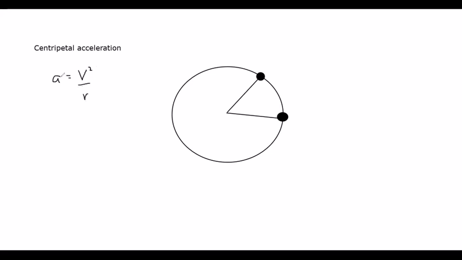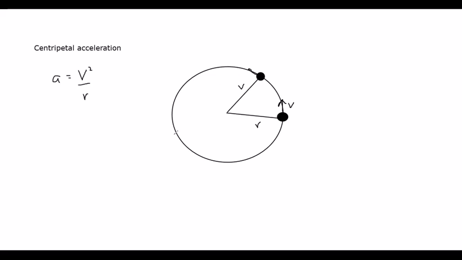There is a derivation, but you don't have to learn the derivation. So directly the formula, that's why I wrote the direct formula. So the formula to calculate the centripetal acceleration is v square divided by r. What is v? V is the linear speed, and what is r? R is the radius of the circular path.